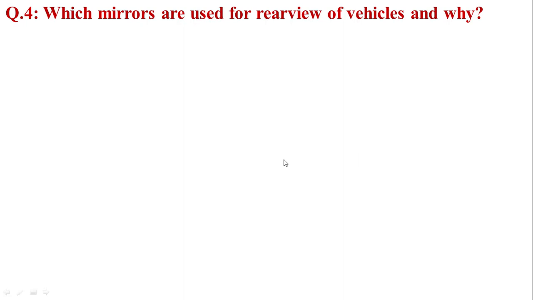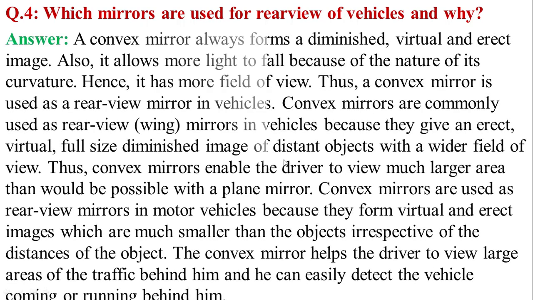Which mirror is used for the rear view of vehicles and why? So this is again according to the convex mirror. A convex mirror always forms a diminished, virtual and erect image.